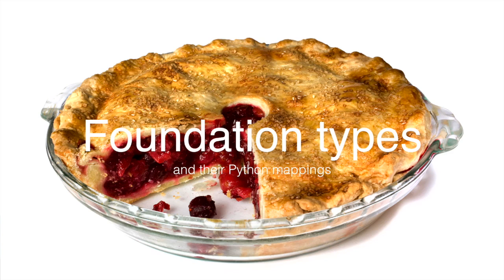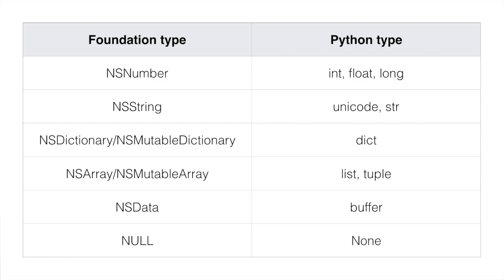A lot of these things are transparently translated to and from their equivalent Python types. So if the function requires an NSNumber, you can just pass in a Python number. If it requires an NSString or it returns an NSString, you can just use a regular Python string. Same thing for dictionaries, arrays, that sort of thing. And we saw earlier that the null value maps to None in Python.